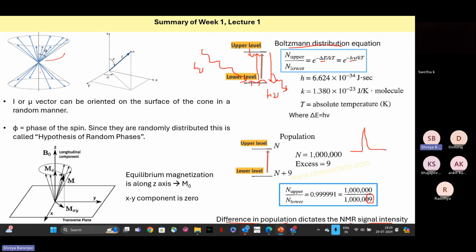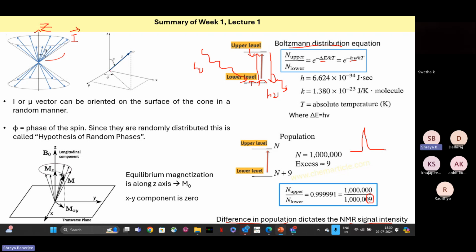So now we have seen two things. These arrows are your angular momentum vector I, and we have already discussed that the direction of I is represented by the angle that I forms with the z-axis. But there is another property of this angular momentum vector.